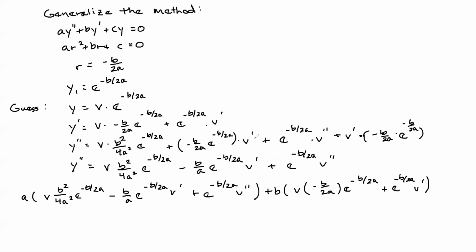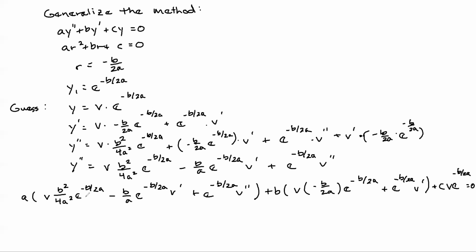And then what do we have left? So plus c times y, which we're saying is v e to the negative b over 2a. And we're just about out of space, so we know that that equals 0.